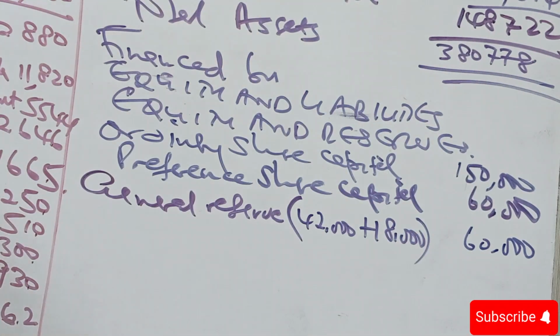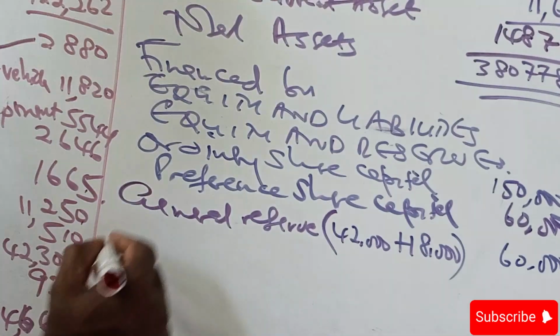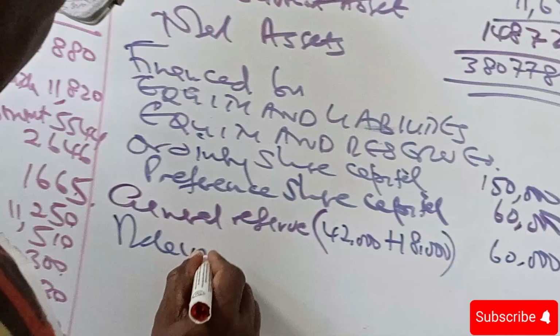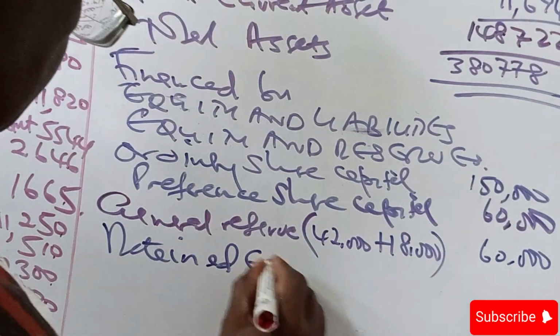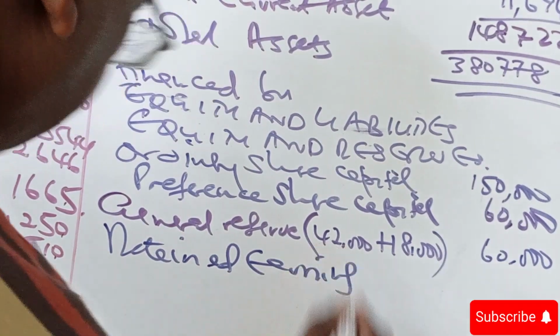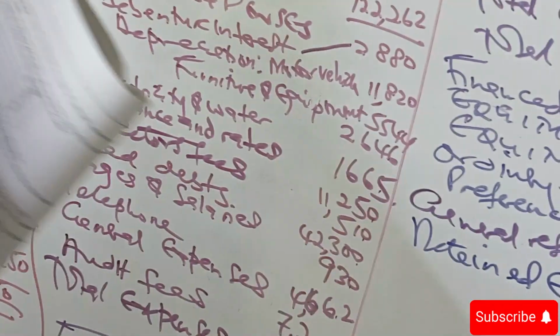Then we get our retained earnings, and the figure is here. Retained earnings or profit and loss account, 28,233.